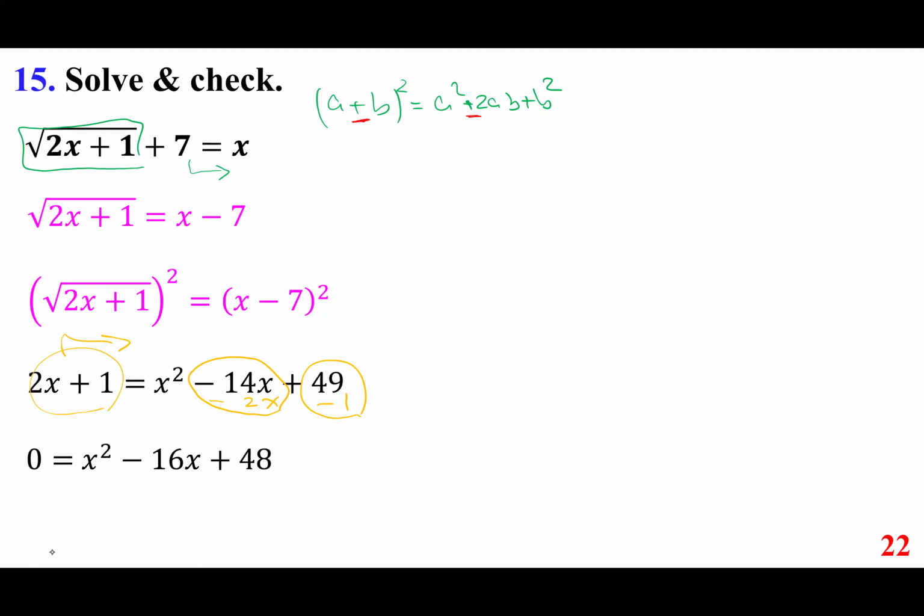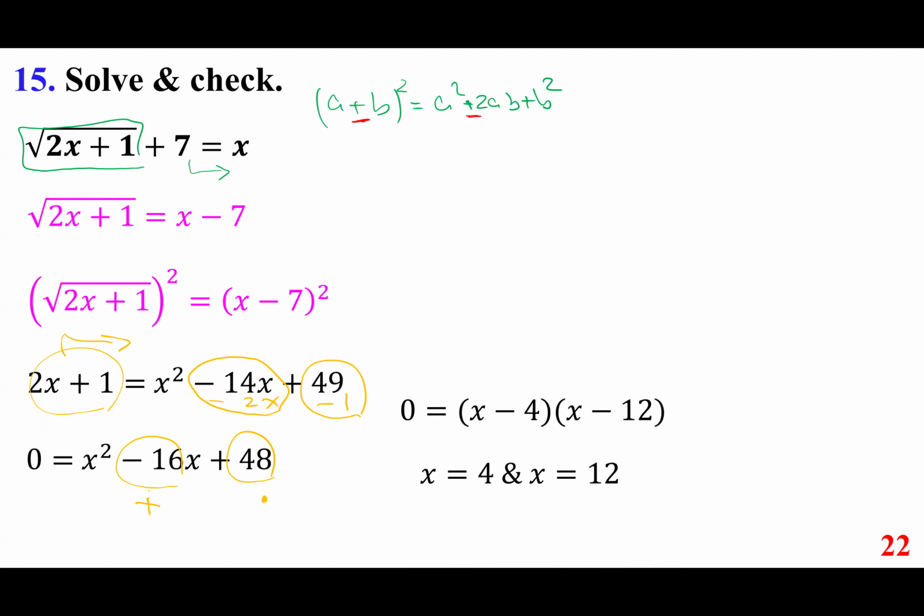We want two numbers. The product is 48. The sum is negative 16. The answers are negative 4 and negative 12. So there are two answers, everybody, which makes x equals 4, x equals 12.